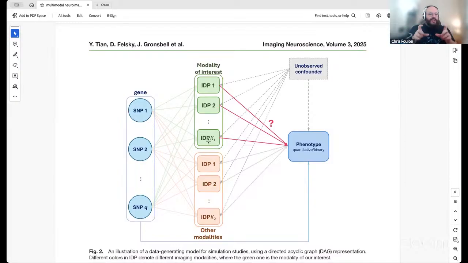The imaging parameters that might be associated with the genes, or the genes associated with the imaging parameters, are in this context specifically. But that doesn't mean that if there is no signal with one modality, for example, if we were studying another disease, we might not have a signal, right? Yes, definitely, it's more general than that.